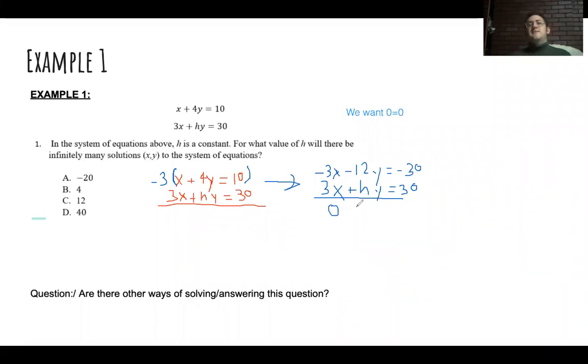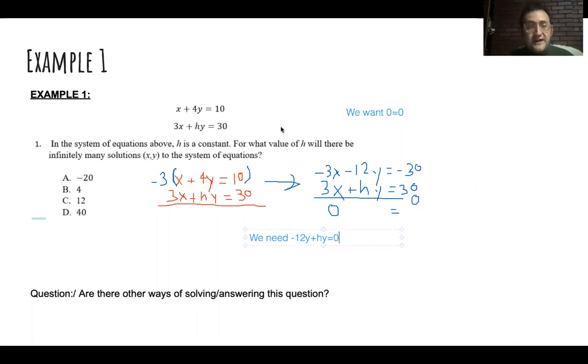Our hy plus 12y we want to equal 0. And we want the negative 30 plus 30 equals 0, which we do have. So we need negative 12y plus hy to equal 0.